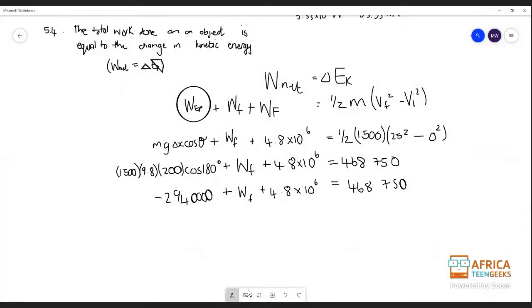Okay, then I'm just going to add my like terms. So work of friction, if I add these two together, I get a positive amount of 1860000. Now I will take it to the other side, so I'm going to subtract.